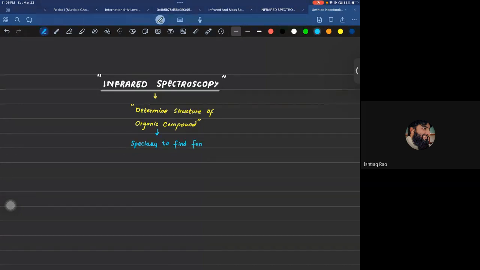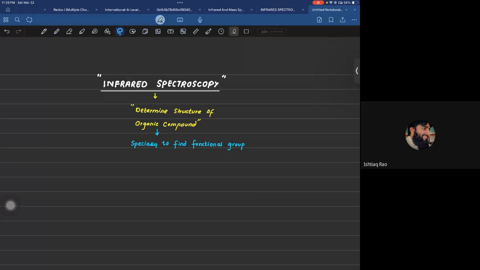Especially to find the functional group. Furthermore, this is an analytical technique. We do combined analytical techniques to identify the structure. Let's suppose you have discovered a compound and you need to identify what it is.